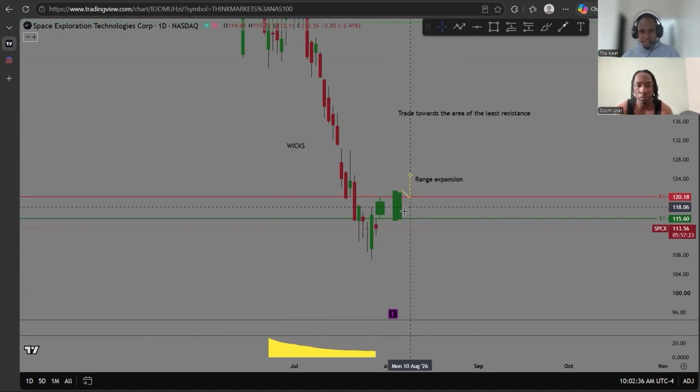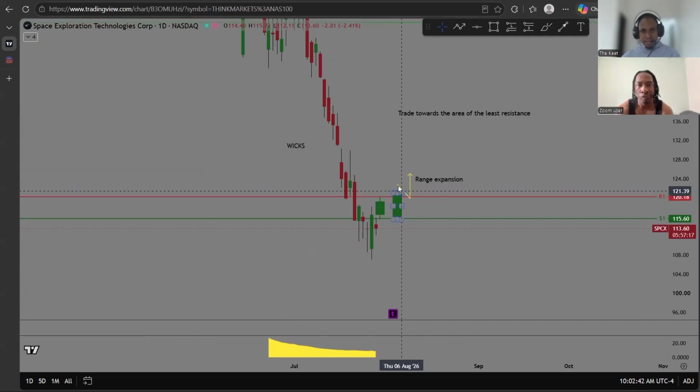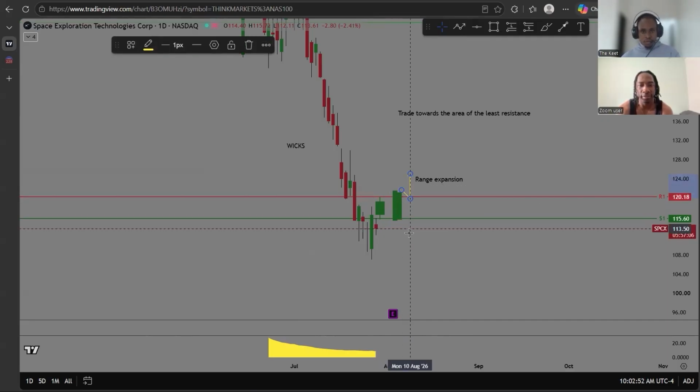And that pullback will have to be a counter trend move. So if we are expecting a pullback, we are expecting a red candle, a full day red candle. If your analysis is on daily, everything you do has to be on the daily.